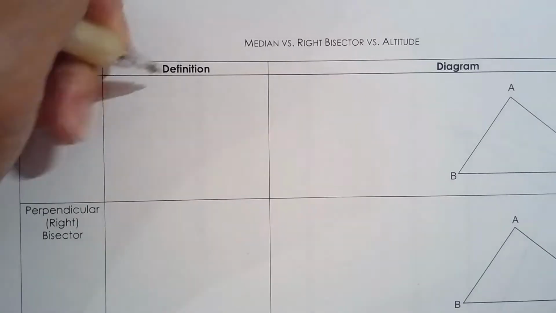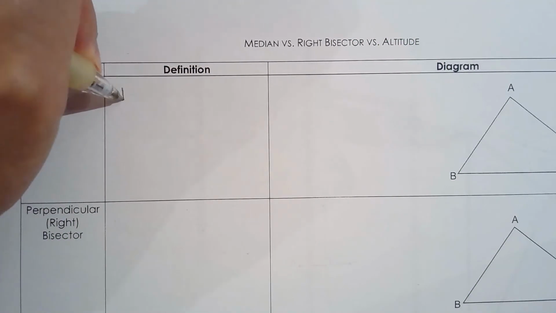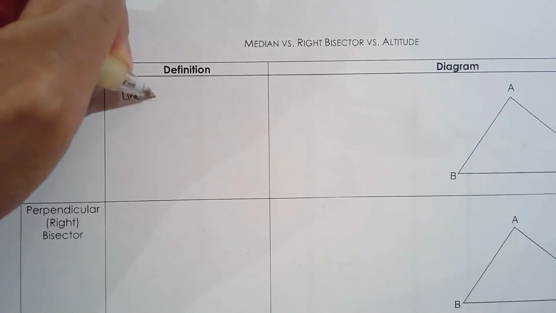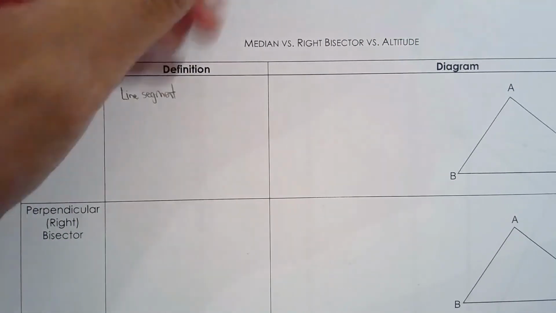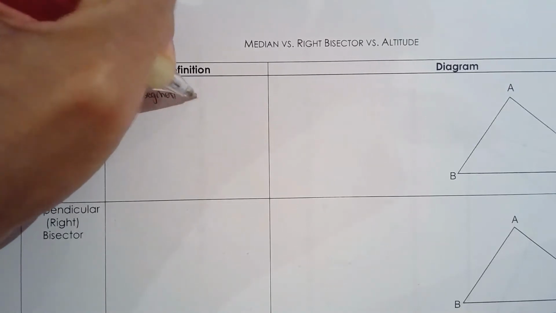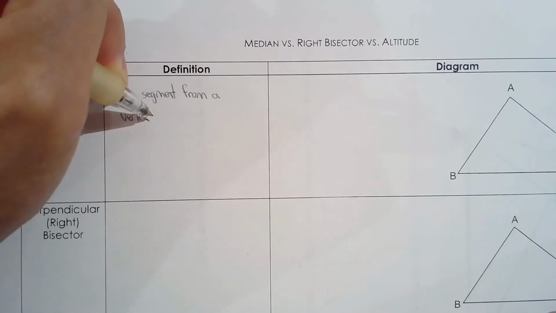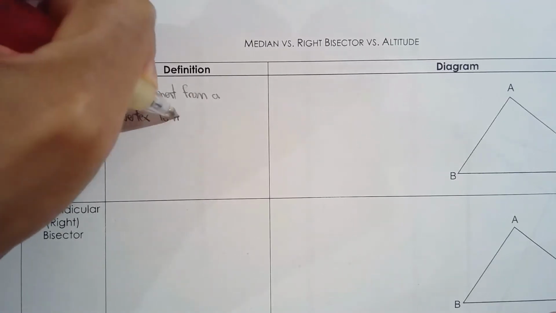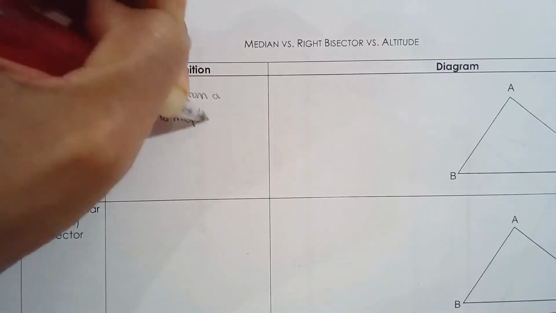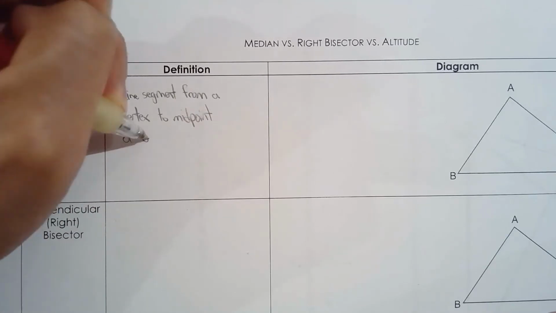Okay, so without any further ado, the median is a line segment from a vertex to the midpoint of the opposite side.